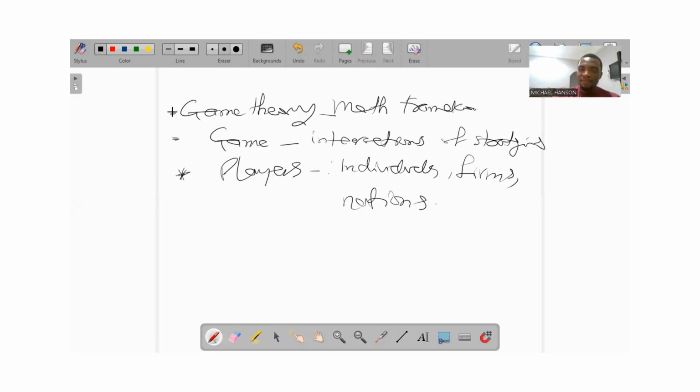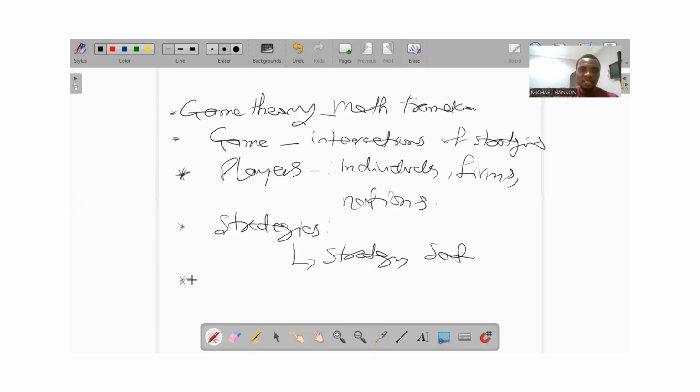After understanding the players, we're also able to appreciate that the decisions that are being made are called the strategies. And the set of strategies available to each player is called the strategy set. So whether to sleep or not to sleep, if these two strategies are available to you, then these two become the strategy set.